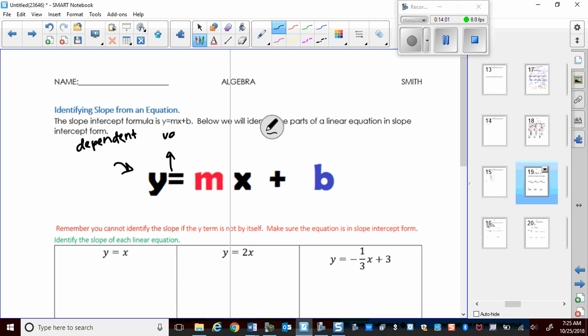This dependent variable varies with x plus a number. So here's the slope. This is the slope of the equation. Here's my independent variable, x. And here is the y-intercept.